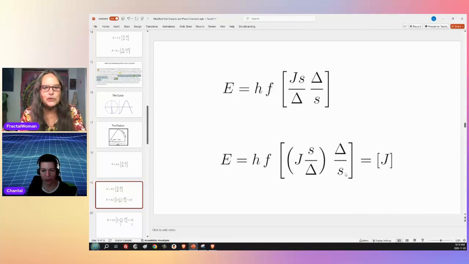Okay, so what am I doing here? I am grouping that term. The units of Planck's constant are joules times second per cycle, but I want to group the cycle term with the second term, so the units of seconds per cycle is the units of the period, of the wave period.